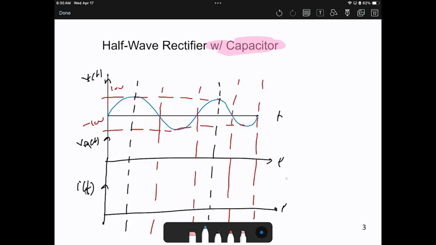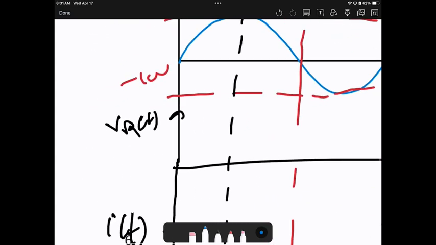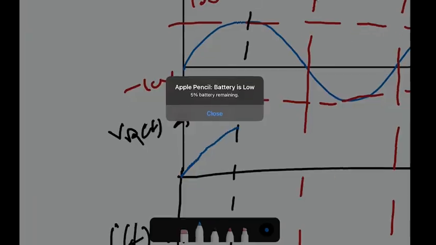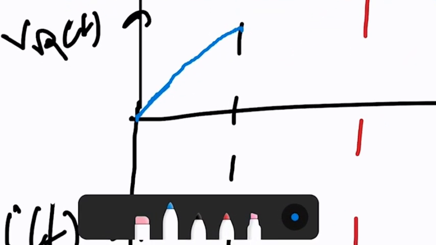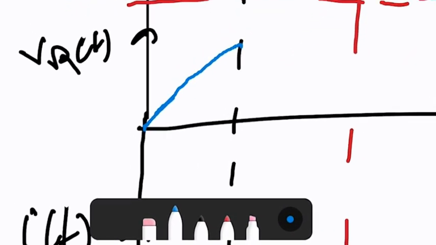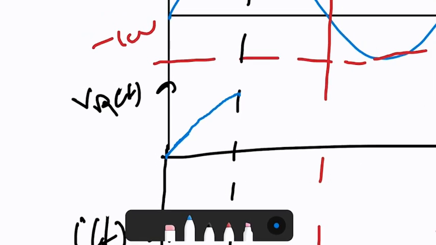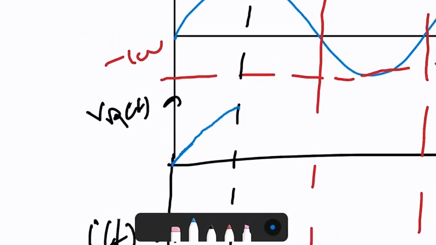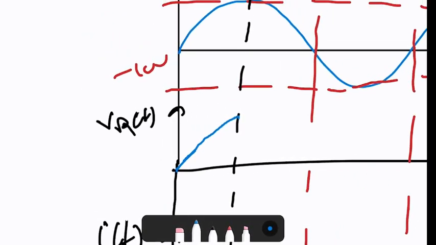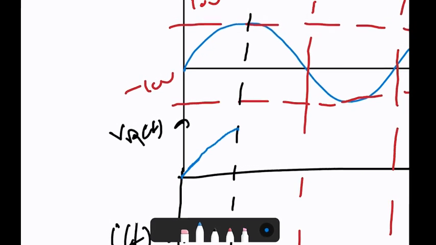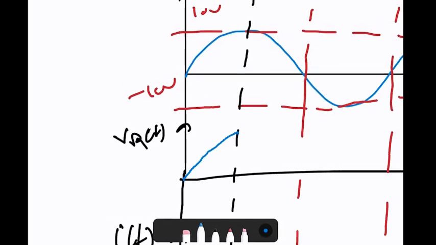So what's happening? The Vr will follow the waveform. Let's go to the positive cycle. It will follow the waveform until reaching the top. Then it will not decay with the waveform. It will be slower because the capacitor has more charge than what we have. So the capacitor will allow going from the top to zero in a slower way.